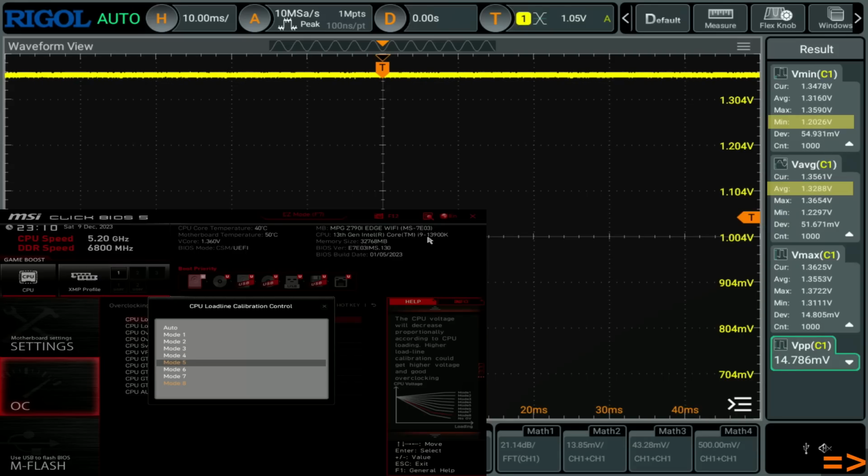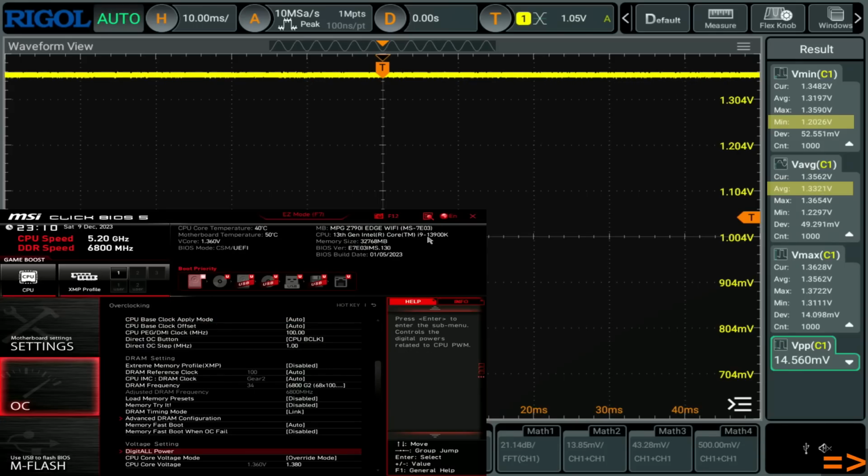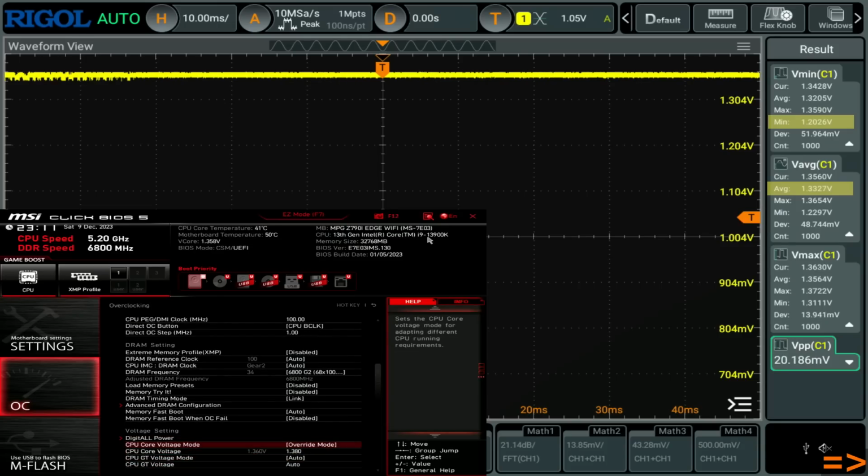I mean, 5 is also completely useless from a voltage regulation perspective. 5 is still terrible. So in a way, you could make the argument that this board has basically 3 usable LLC settings and then 5 that take up space in the BIOS.